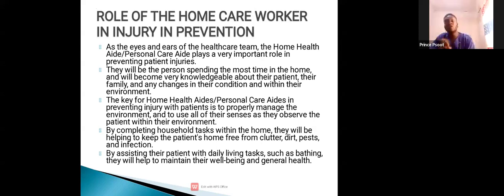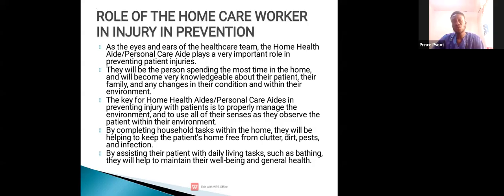So the key for home health and personal care aides in the prevention of injury with patients is to properly manage the environment and to use all their senses to observe the patients within the environment. Secondly, we have completing household tasks within the home. Remember, there are ways to complete household tasks, not just to clean, but in the appropriate way.